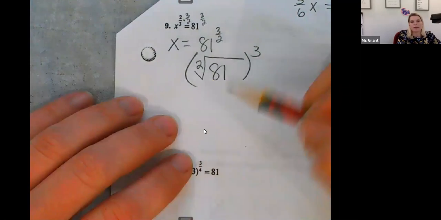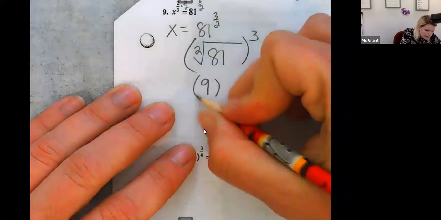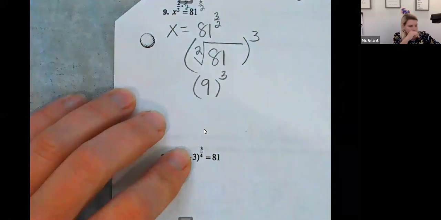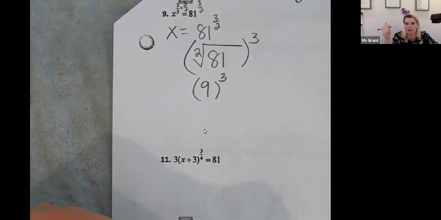So the square root of 81 is 9, right? Now, because it's to the third power, I can do plus or minus. Like I can do -9 times -9 times -9. I can do +9 times +9 times +9.